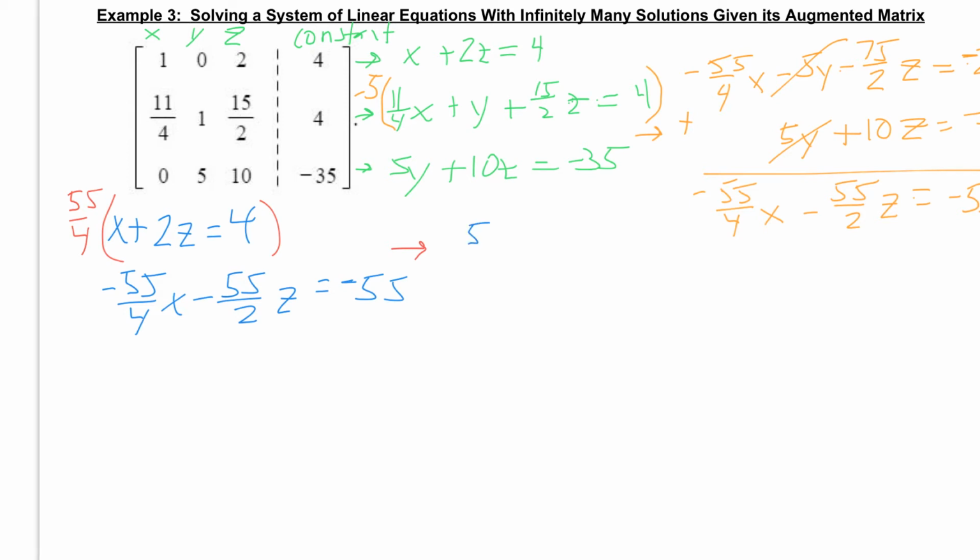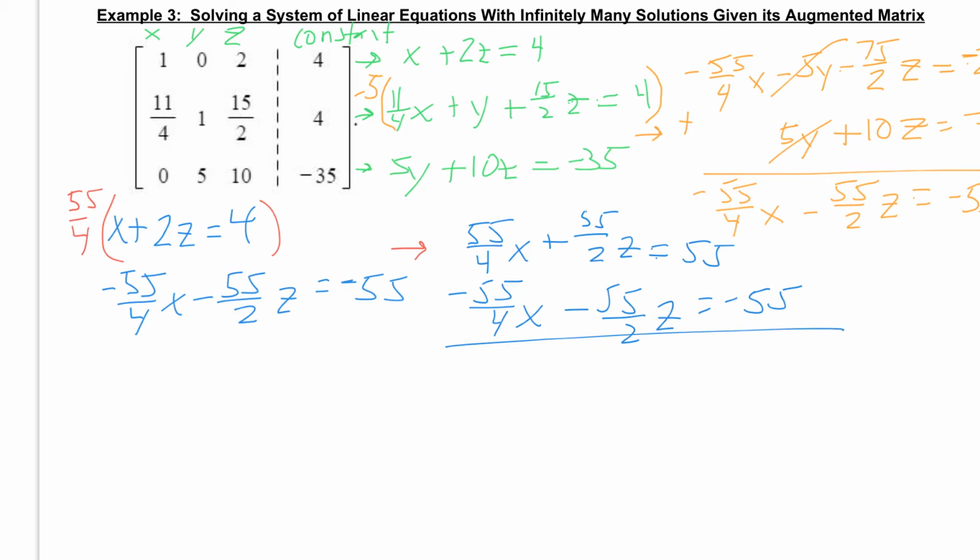I have 55 over 4x plus 55 over 2z equal to 55. And then my bottom equation I'll leave the same, negative 55 over 4x minus 55 over 2z equal to negative 55.